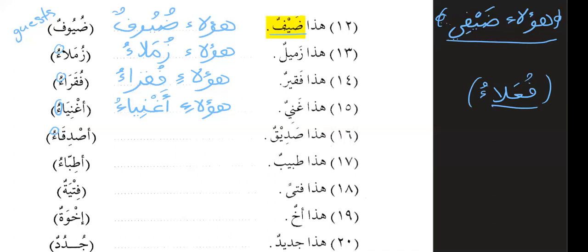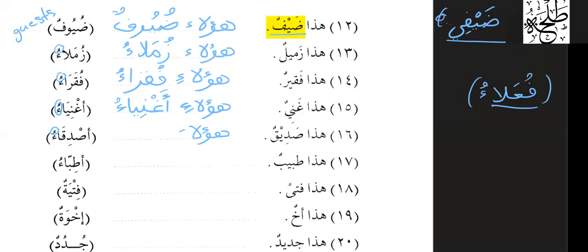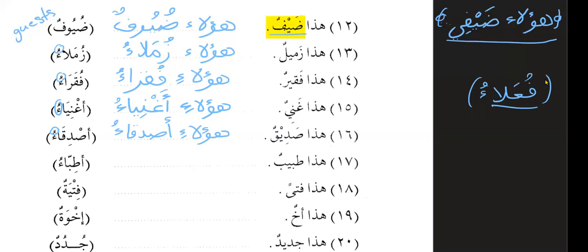These are rich men. جيد. طيب إسماعيل هذا صديق. هؤلاء أصدقاء. جيد. عبد القيوم هذا طبيب. هؤلاء أطباء.